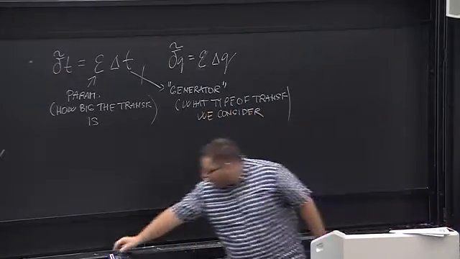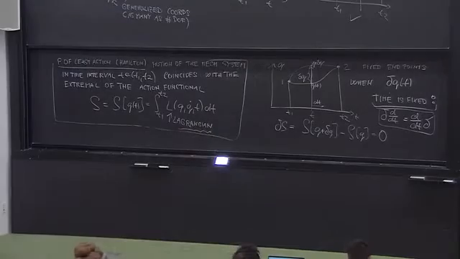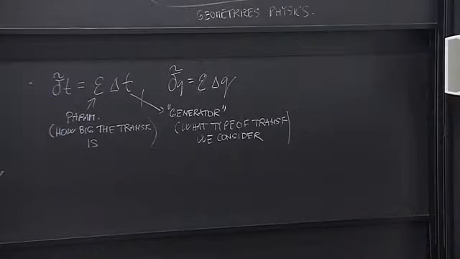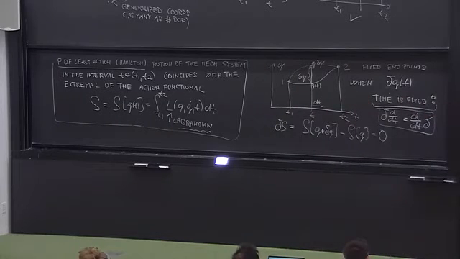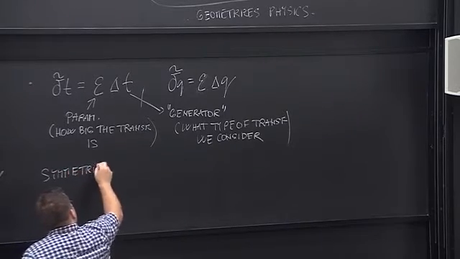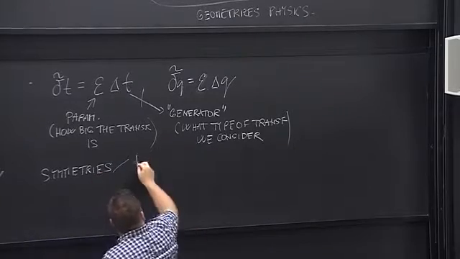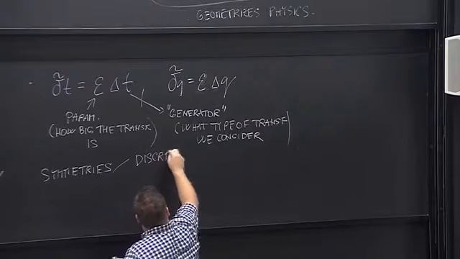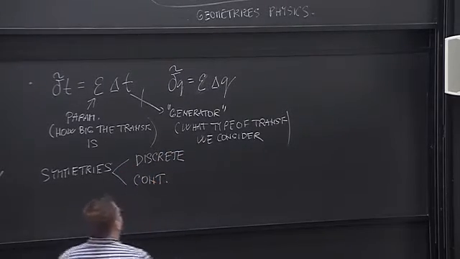So a few examples. Now we discuss what type of symmetry. We consider these transformations and we write them in this stupid way, and then we can divide the symmetries based on what these things are. First, you can have discrete symmetries, or you can have continuous ones.